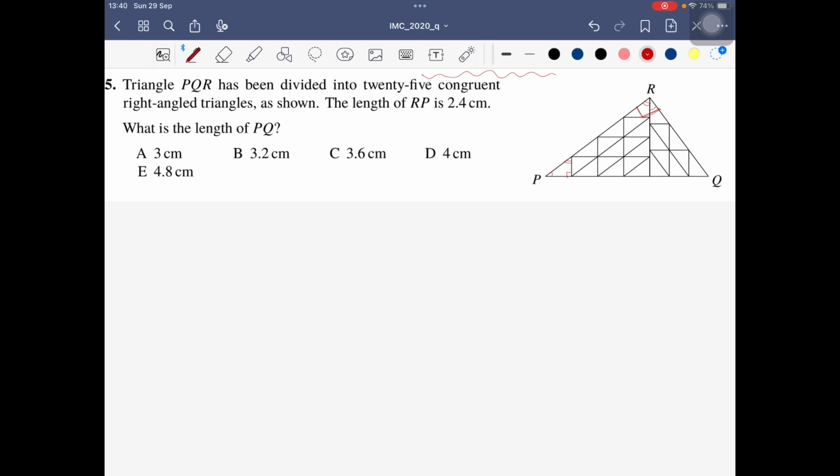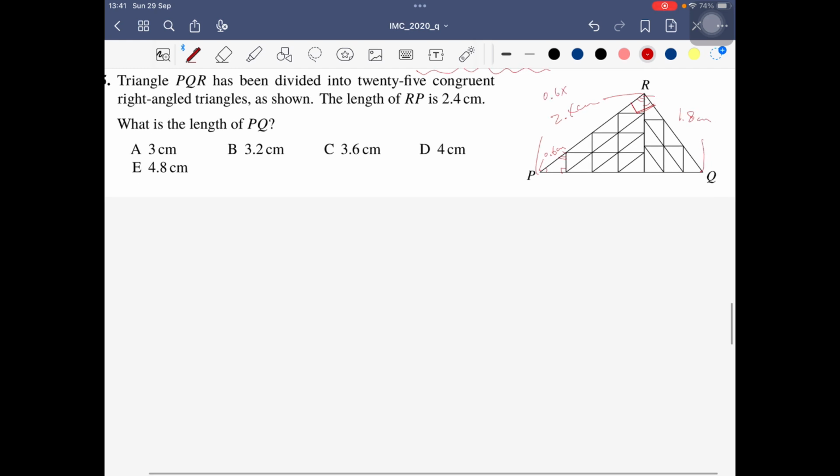So RP is 2.4 centimeters, which means that this smaller hypotenuse is 0.6 centimeters. And here also 0.6, which is 1.8 centimeters. So this is 0.6 times 4, 0.6 times 3.